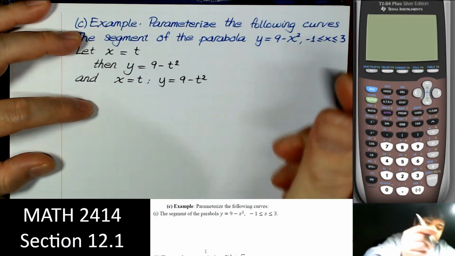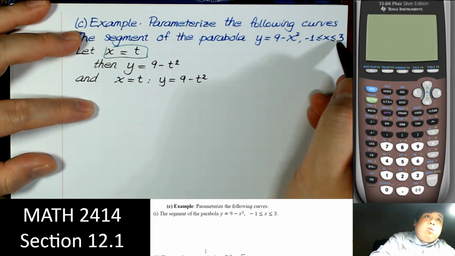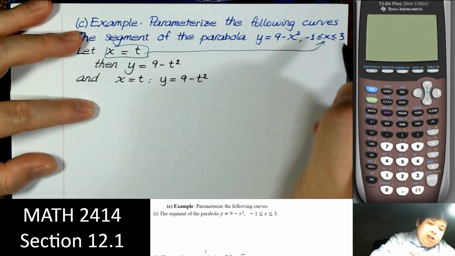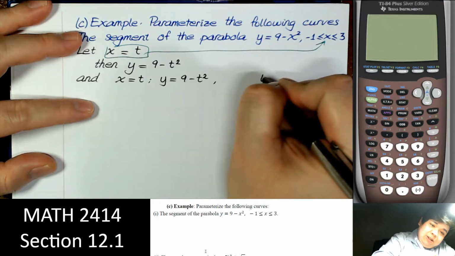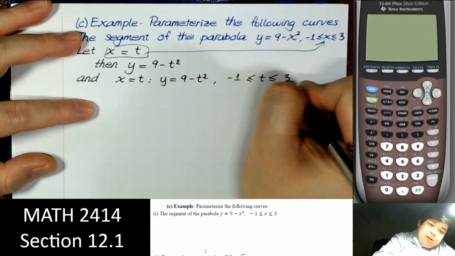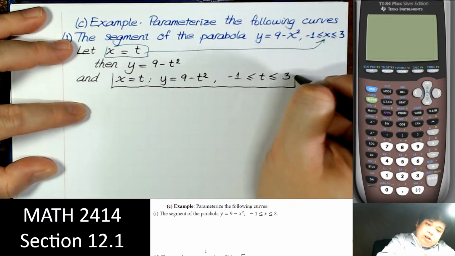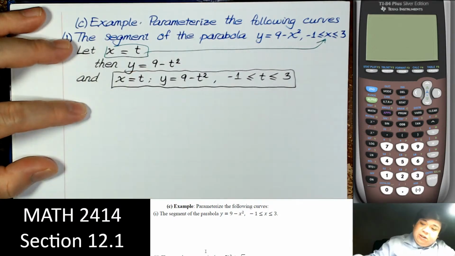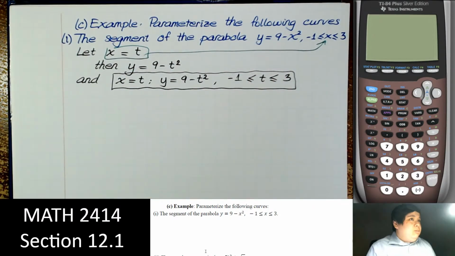Also, since we let x equal to t, and x is between -1 and 3, so is t. And this is the parametric equation corresponding to that. So simple enough, right? Just let one of them equal to t and the other one follows.